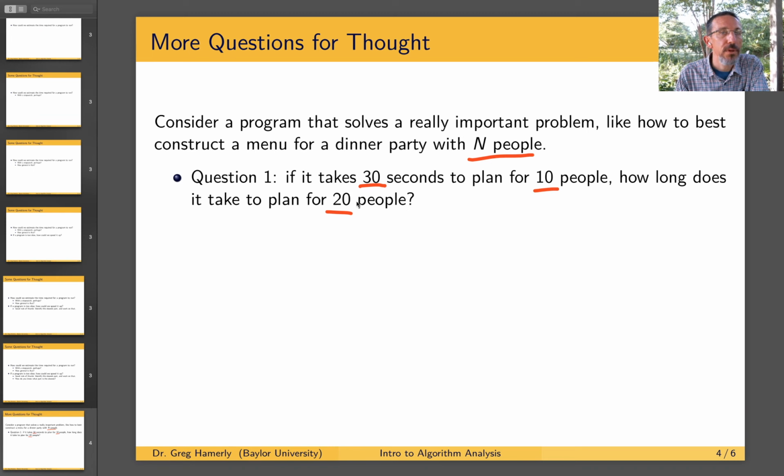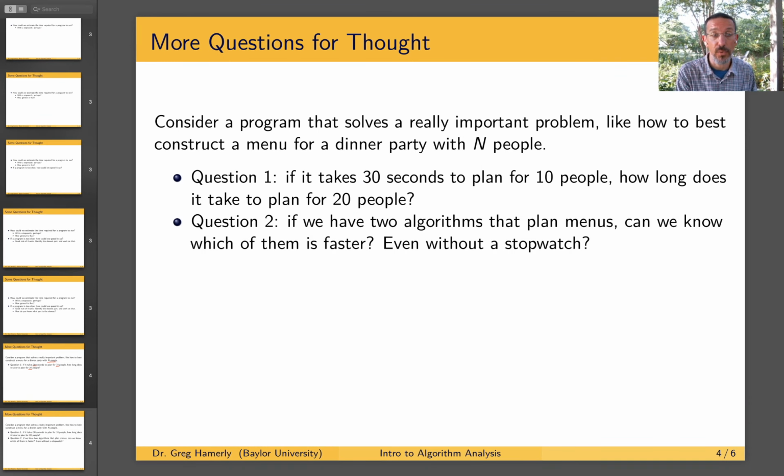But what if the amount of time goes up by a factor of 10? You double the number of people, and it goes from 30 seconds to 300 seconds, or 5 minutes. Is that possible? Yes, that's possible, because we haven't really talked about how the speed of the algorithm behaves with respect to the number of people. That's what algorithm analysis really addresses.